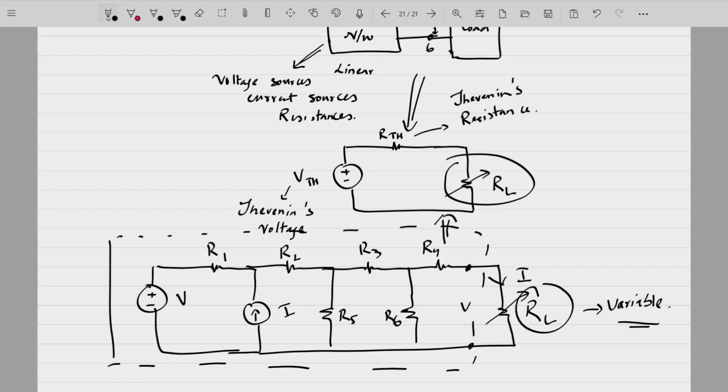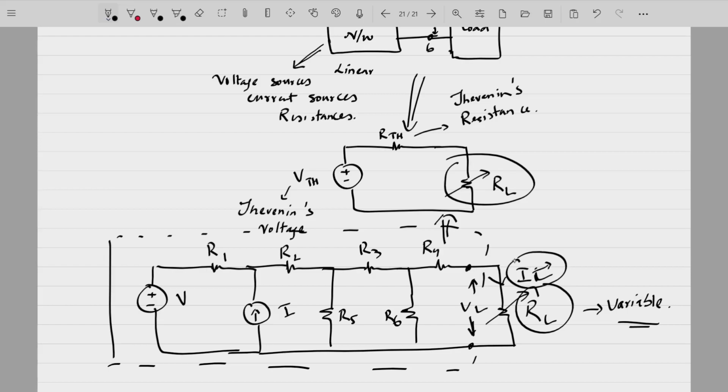So if our load is variable in nature, this current flowing into this resistance, IL, and VL, that is the voltage across this resistance, will also change. If RL decreases, IL may increase and VL will accordingly vary. If RL increases, IL may decrease and VL will vary.